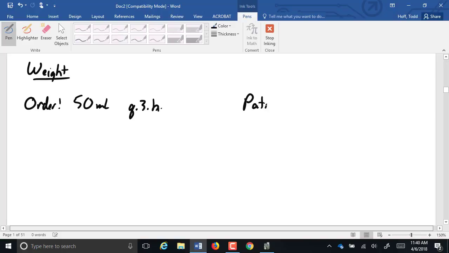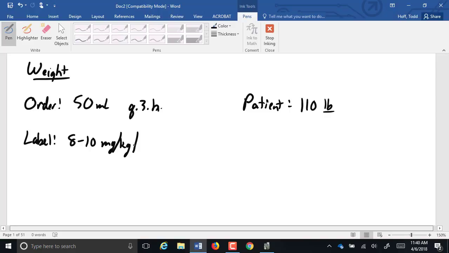For a patient that is 110 pounds, and our label says that our recommended dose is 8 to 10 milligrams per kilogram per hour.